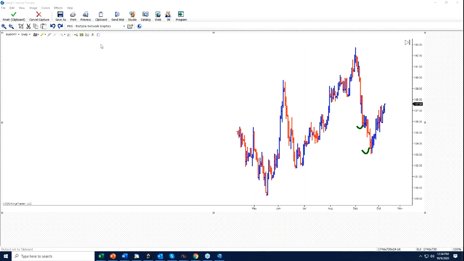I'm still plus on the day, even with my pound New Zealand trades getting pounded. And actually, pound New Zealand's coming back a little bit. So I'm still in the plus. I've got 2 pound New Zealand trades, which are about break even, and then I've got a pound yen trade, and I'm up on that.